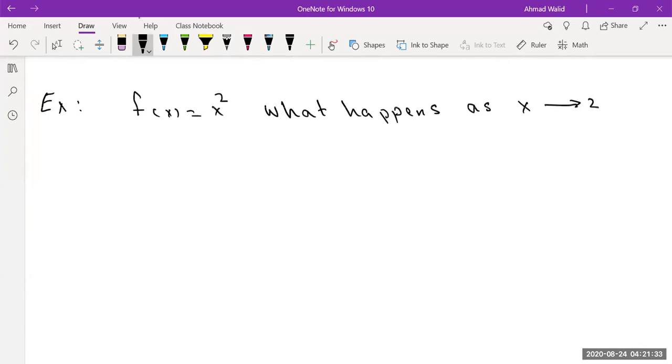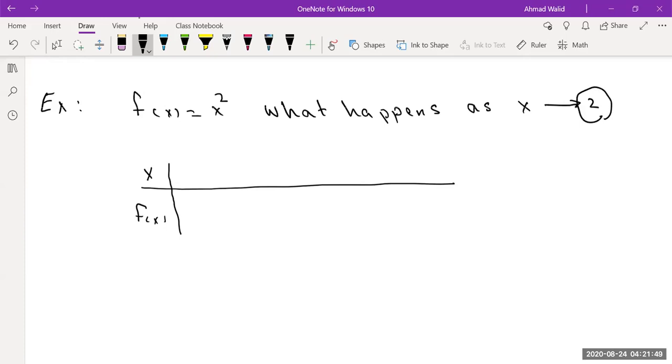To answer this question, I need a table. I will draw a table like this. Here I will write x, here always f of x. This number 2, I always put it in the middle.